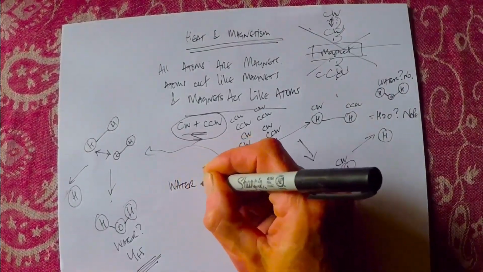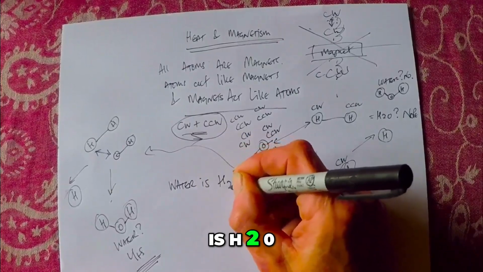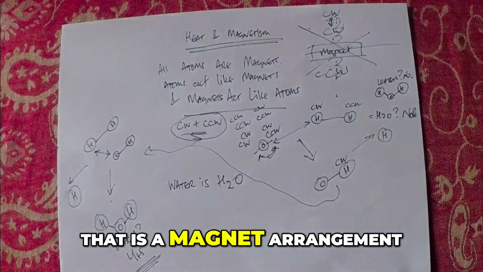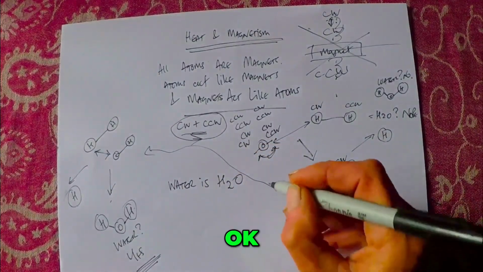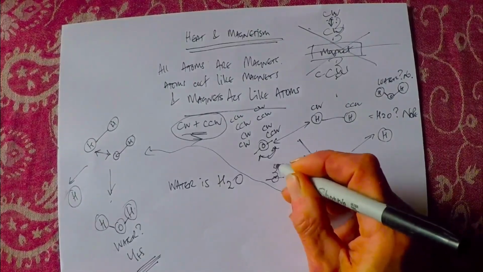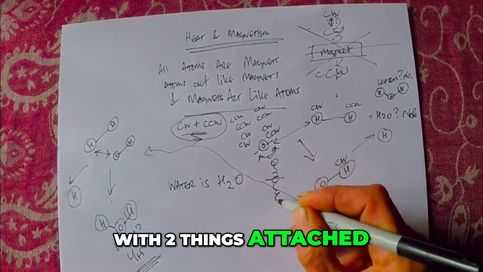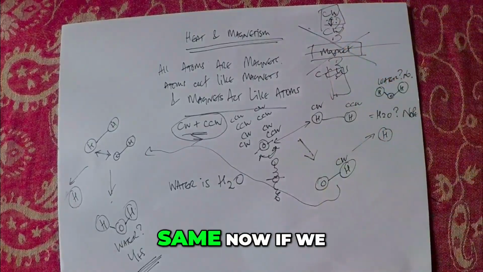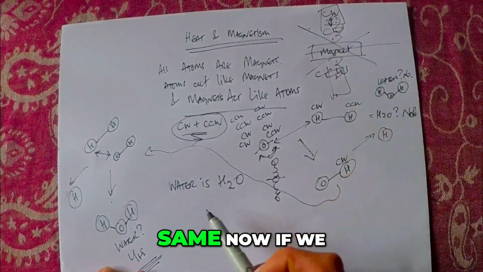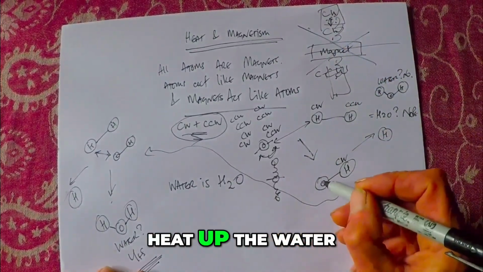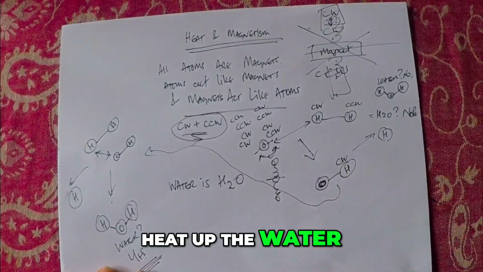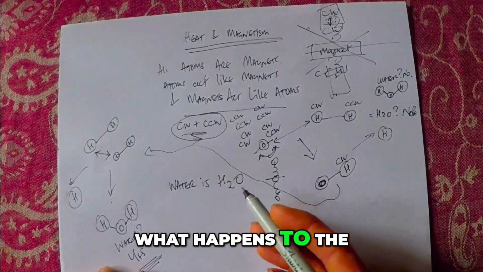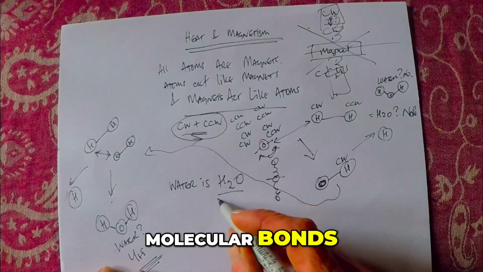Water is H2O. That is a magnet arrangement. It is one thing with two things attached by a vortex arrangement, which if we had another magnet here and another magnet here, it'd be exactly the same. Now, if we heat up the water, what happens to the molecular bonds of H2O?